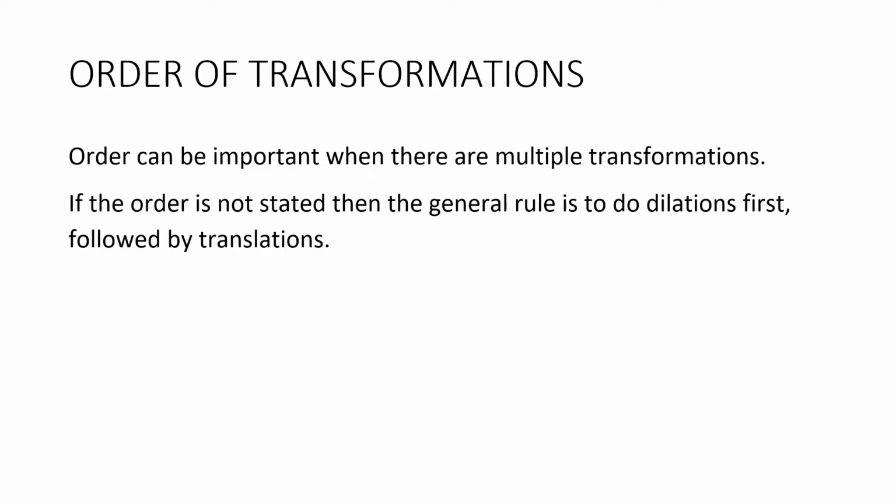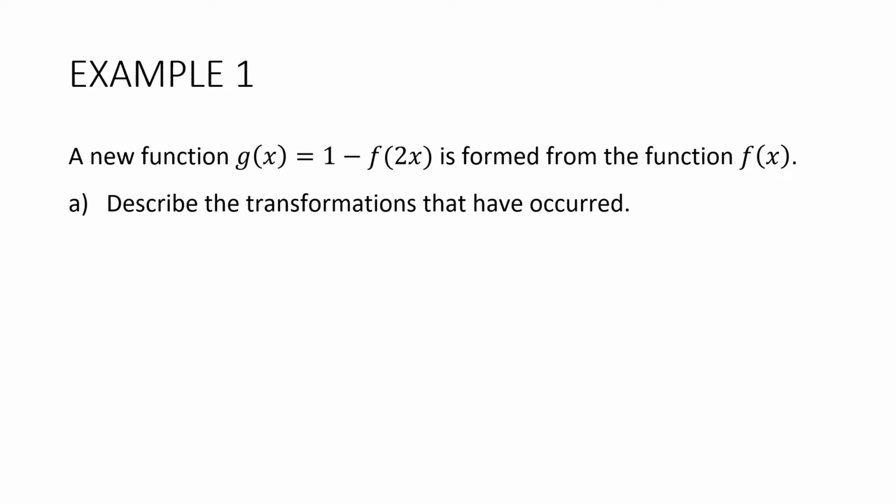So if the order is not stated, then the general rule is to do the dilations first, followed by the translations. And remember, dilations will include reflections. Here's our first example. A new function g(x) = 1 - f(2x) is formed from the function f(x). Describe the transformations that have occurred.